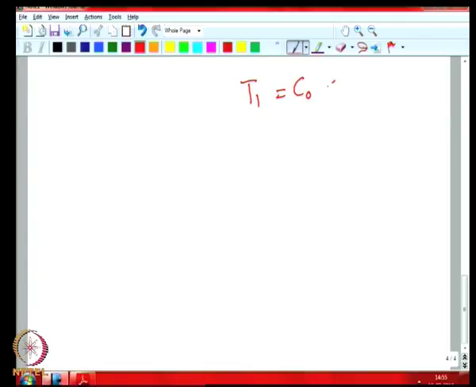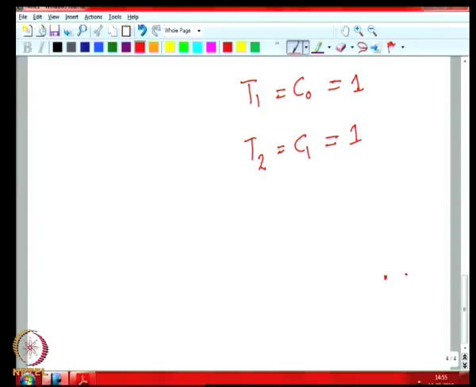T1 is just no multiplication, but we can define it as 1. C0 is 1, and then T2, there are two numbers, is again C1, which is 1.